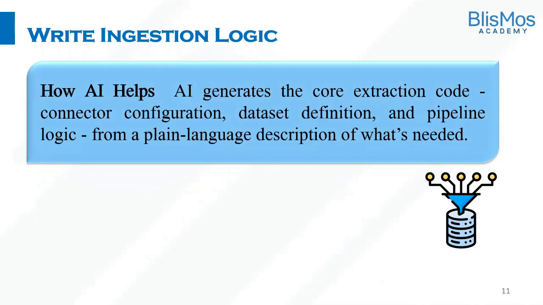AI can generate the core extraction logic from a plain English requirement, right? If a data engineer has to write the logic, he should know multiple aspects. But with AI, we can provide a plain English requirement, and with that requirement, AI can provide us the logic.